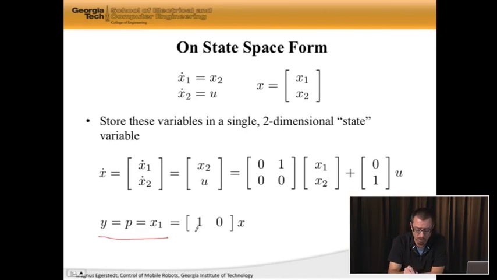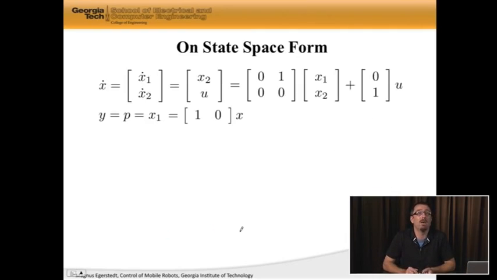This simply means that I get 1 of x1 and 0 of x2. So I have now rewritten everything in a much more, I'm going to claim, compact form using these matrices. So to summarize, on state space form, x dot is this thing, and the output is this thing.